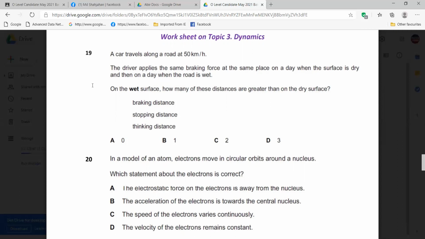If it is a wet surface, there is nothing happening with your brain, right? Obviously, the reaction time is related to the thinking distance. So your reaction time and wet surface are not linked, right?